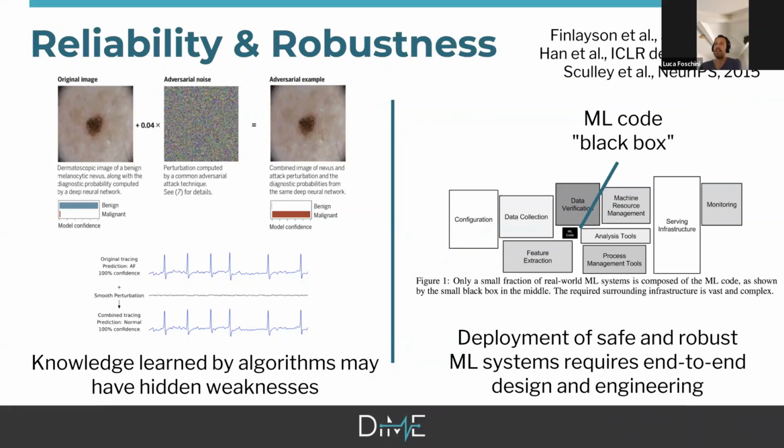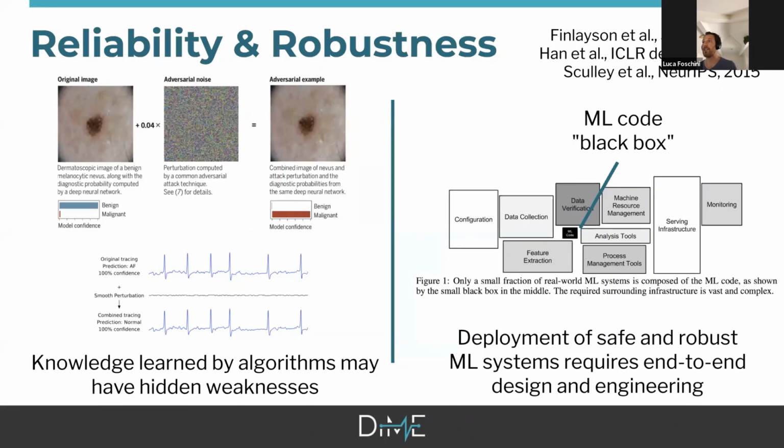I think that the point adversarial examples show us is that these systems learn something in a different way than humans do, and they might be fragile in ways that we don't expect. And so it really calls for thinking about a machine learning system as an end-to-end reliable and robust system that's integrated in a pipeline that goes from the data collection to actually the application. And this is the right-hand side part of the slides.